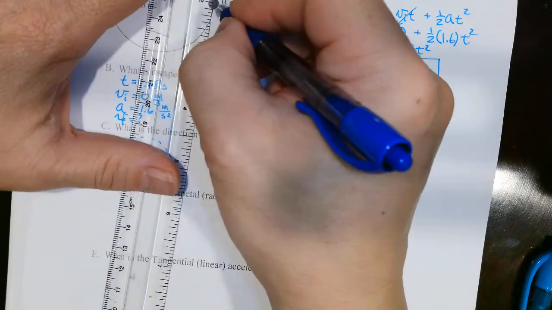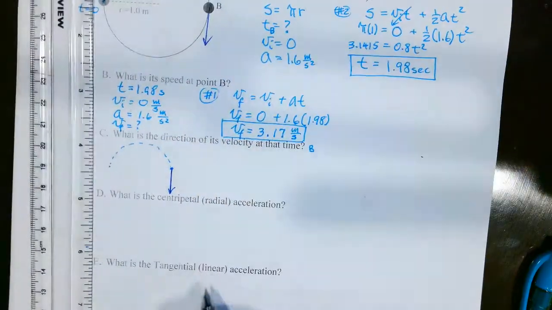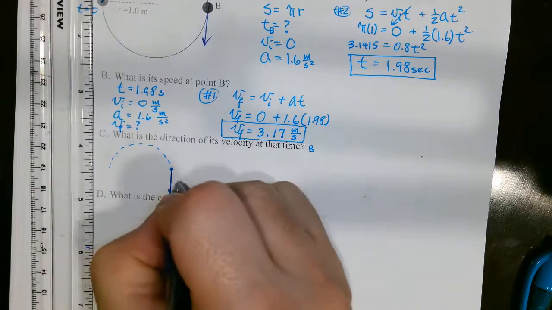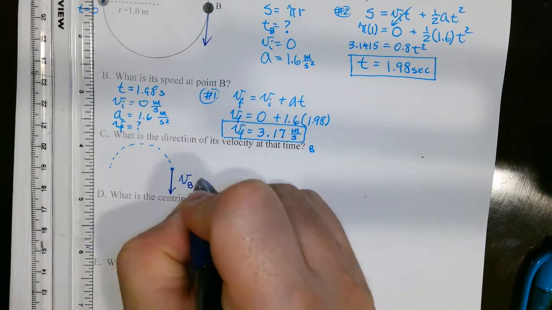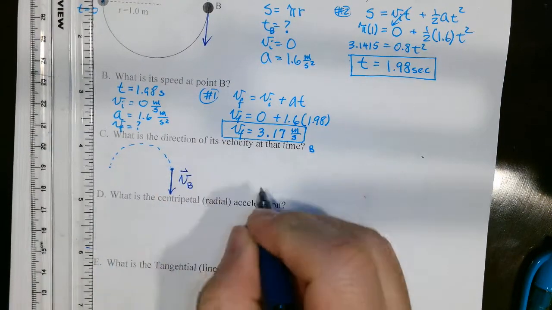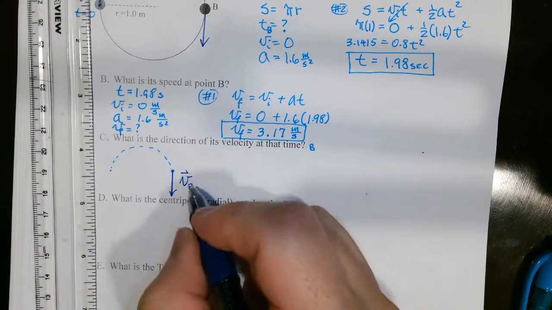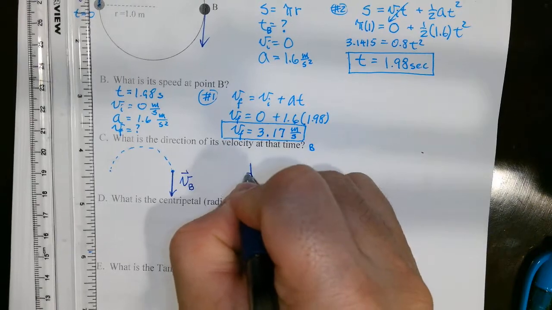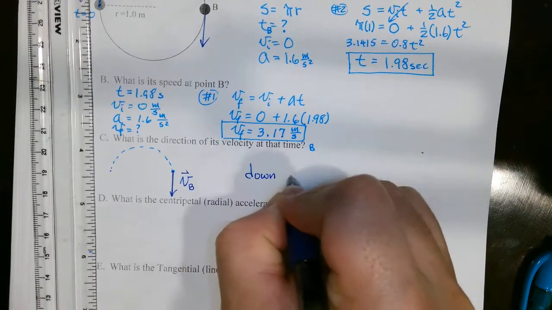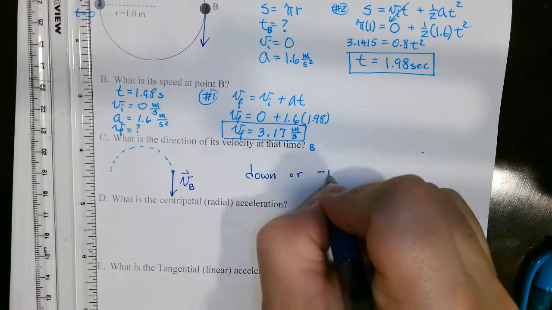So it has to be pointing down like this. So this is my V at point B, right? So the direction will be down, or negative y hat.